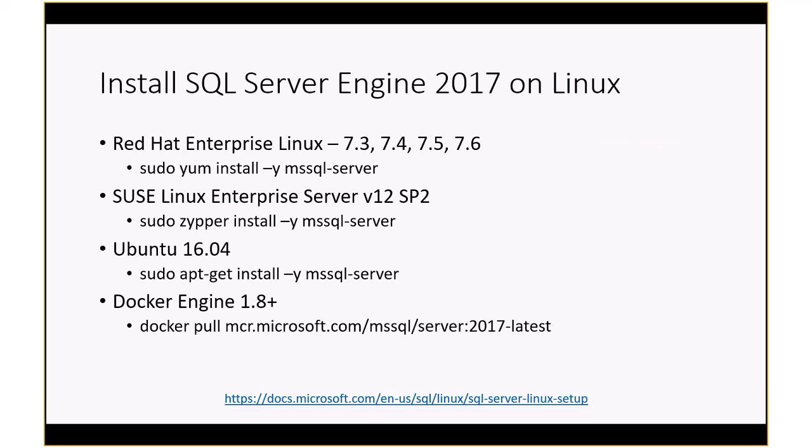So how do we actually install SQL Server Engine? What we've been doing on Windows is downloading the ISO file or dropping in your DVD of SQL Server and installing it using a wizard.